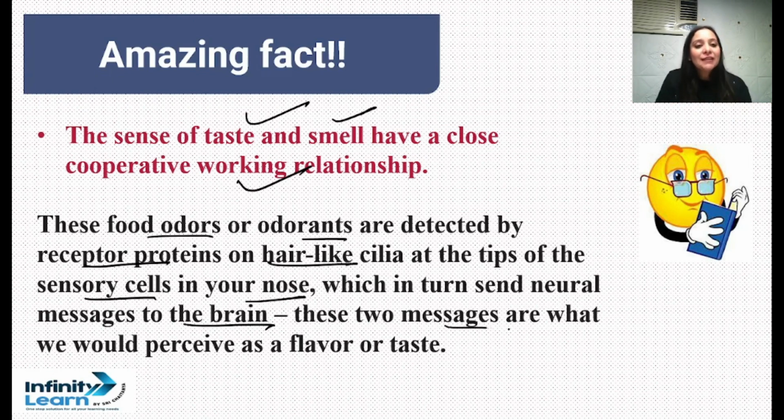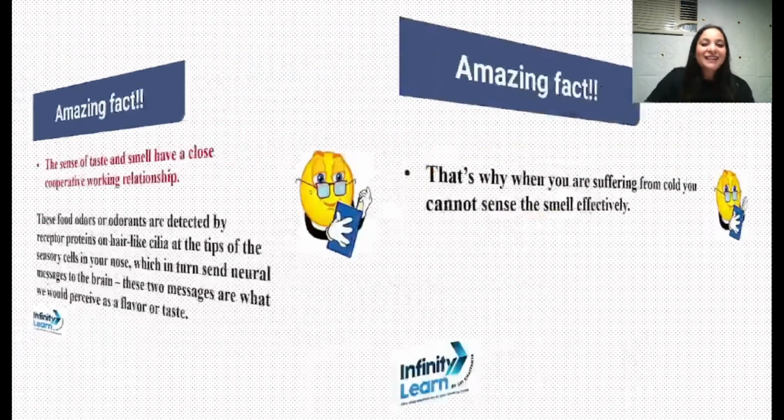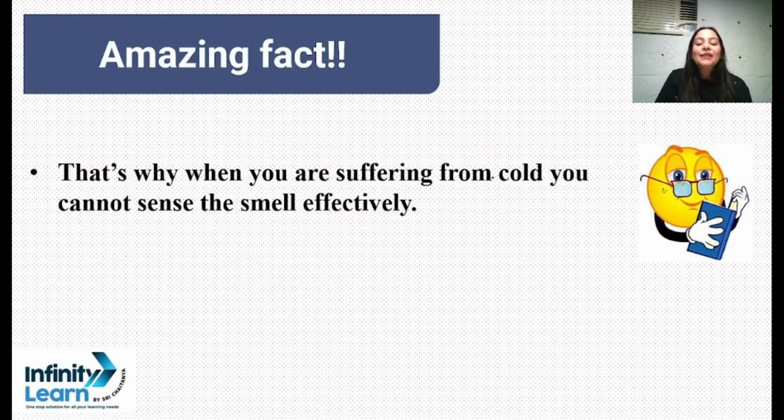So these two messages are what we perceive as the flavor of taste, right? So through smell and what you taste through taste buds, they are both interconnected. That's the reason sometimes when you're suffering from a cold, you cannot sense the smell effectively. Though you have the taste, you cannot sense the smell.